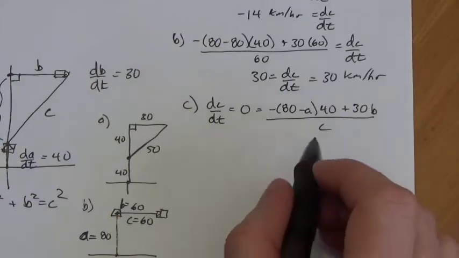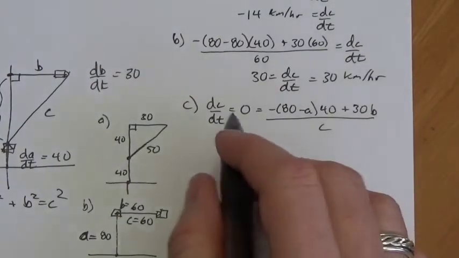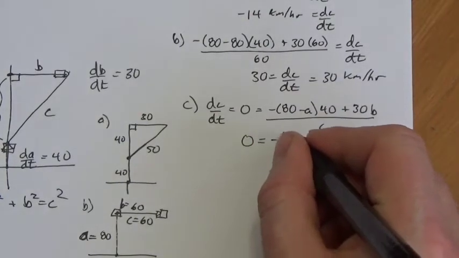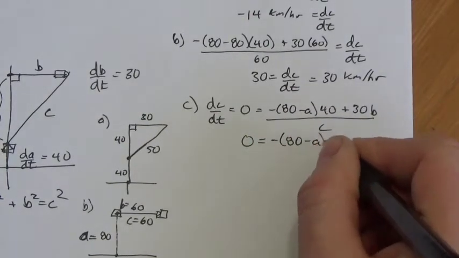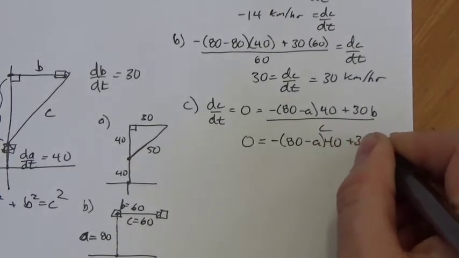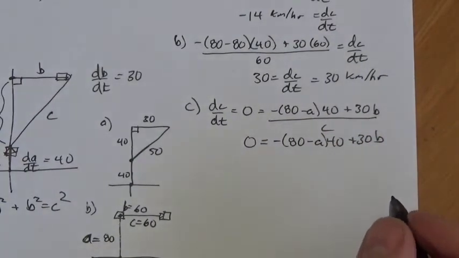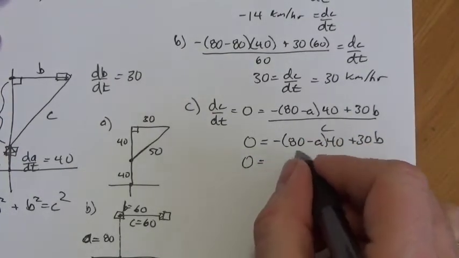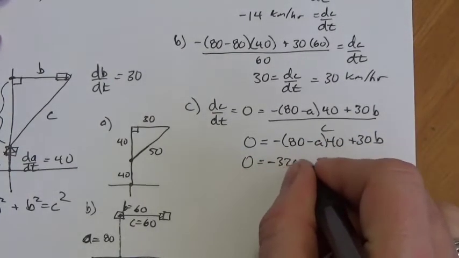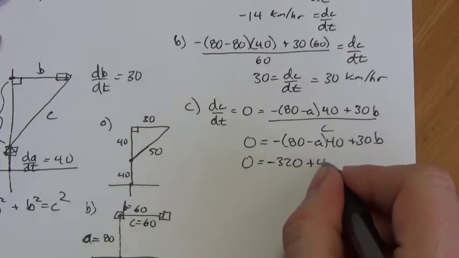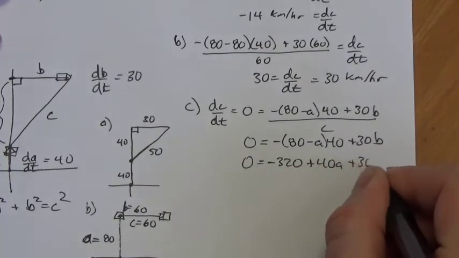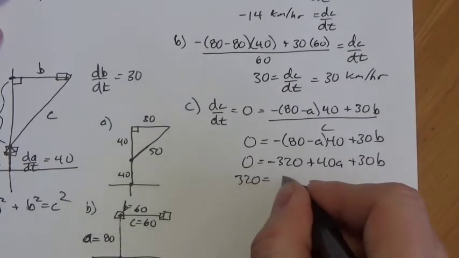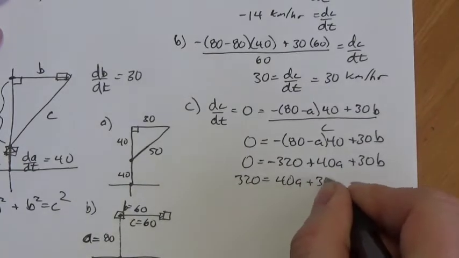And when I multiply through here, C multiplied by 0, well, that's just going to be 0. So that's going to be negative 80 minus A times 40 plus 30 times B. And when I multiply that through, I'm going to get negative 320 plus 40A plus 30B. So 320 is going to equal 40A plus 30B.